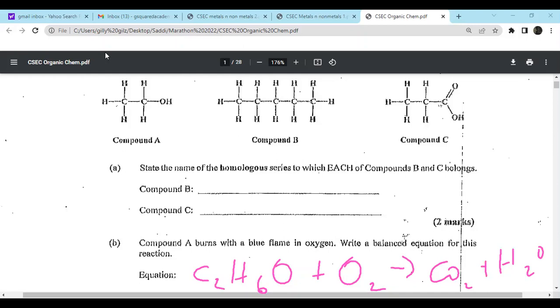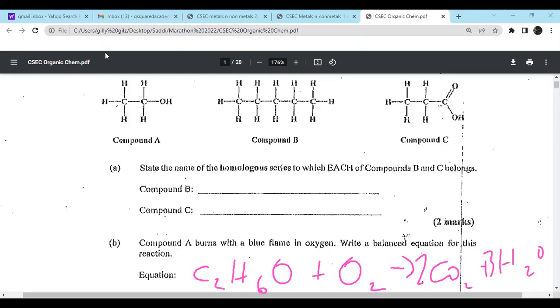So they're tying in the reaction with the general stuff as well. The easiest way to balance this equation is to just simply place numbers in front of the carbon dioxide and water on the right. How many carbons on the left? 2. So you put a 2 right there. How many hydrogens on the left? 6. Water already has 2, so you need to put a 3 there. 3 times 2 is 6. Then now you need to balance the oxygen. Over on the right-hand side, you have 4 plus 3, that's 7 oxygens.